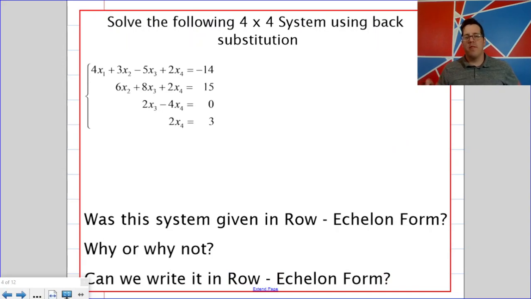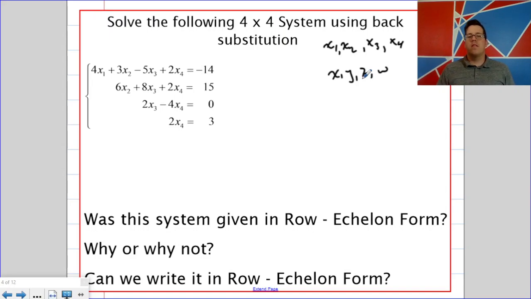So here's an example of a system in 4 variables. When we get to more and more variables, we're way more likely to say x1, x2, x3, and x4, as opposed to saying x, y, z, and w. Although we do use both of these.